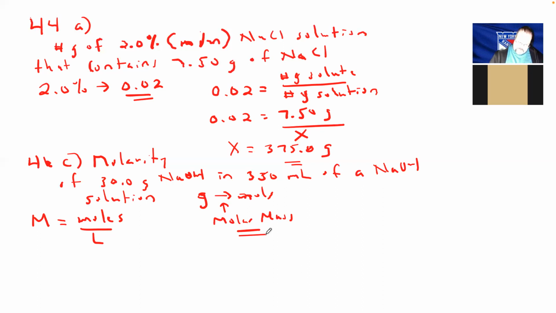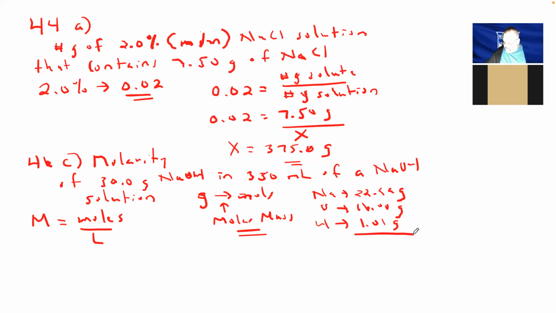So if we use the periodic table, sodium 22.99 grams, oxygen 16.00 grams, hydrogen 1.01 grams. If we add that all up, 22.99 plus 16 plus 1.01 gives us 40.0 grams, which would be equal to 1 mole.